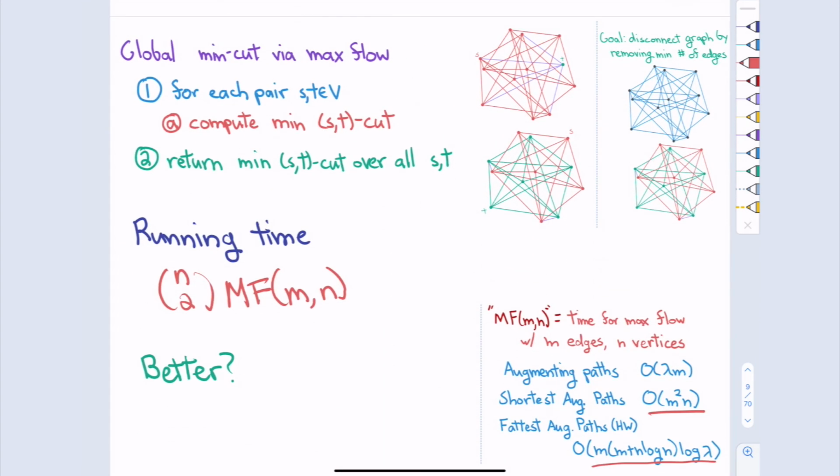It's actually simpler. It's similar to the n choose 2 max flows. I'm really asking, can you figure out how to do it with just n max flows? Keep in mind it's an undirected graph.